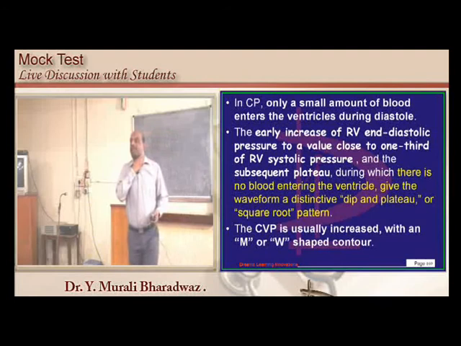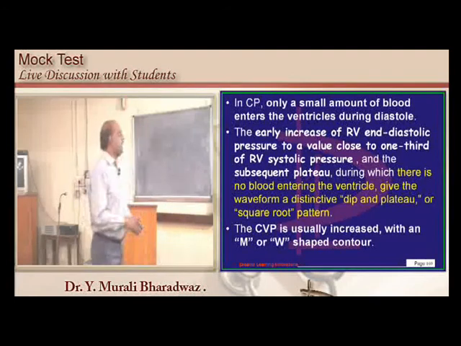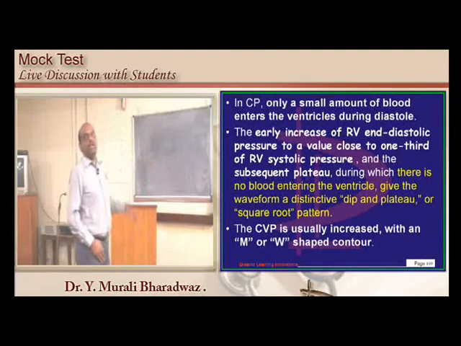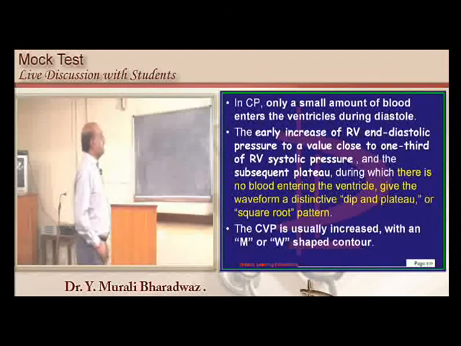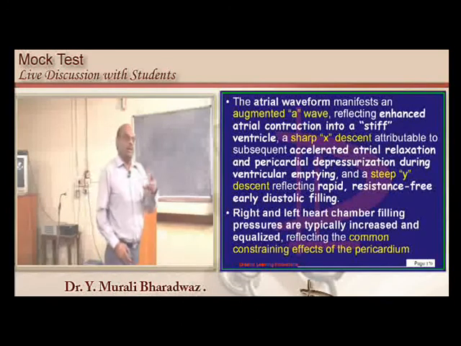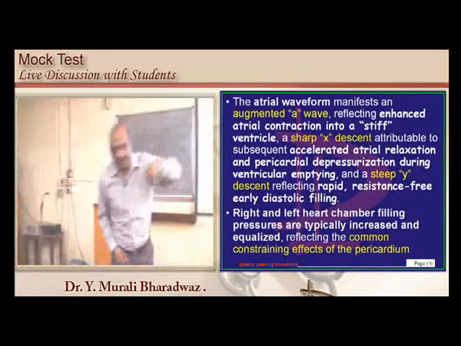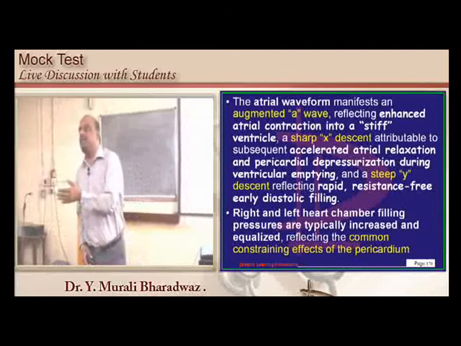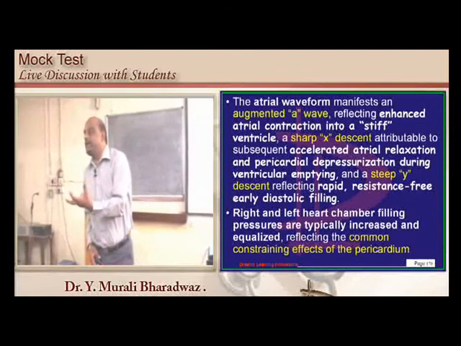If you look at the central venous pressure, because of this it will have either M or W shaped contour classically. And how will be the A wave? Why does A wave occur? Right atrium contracts and fills the blood into the ventricle in the last 1/3 of the ventricular diastole.